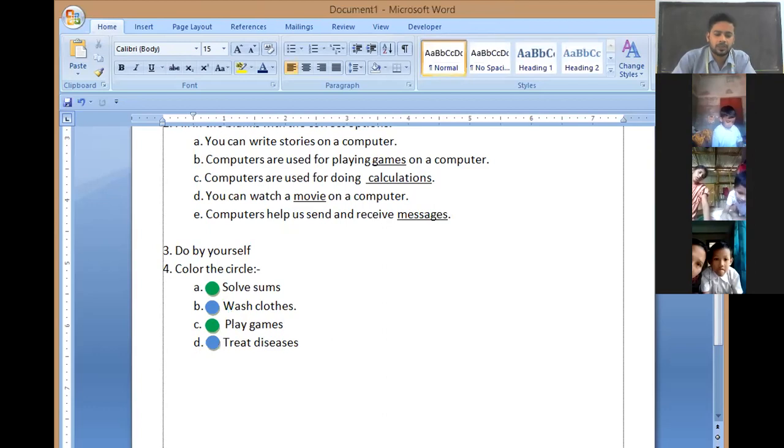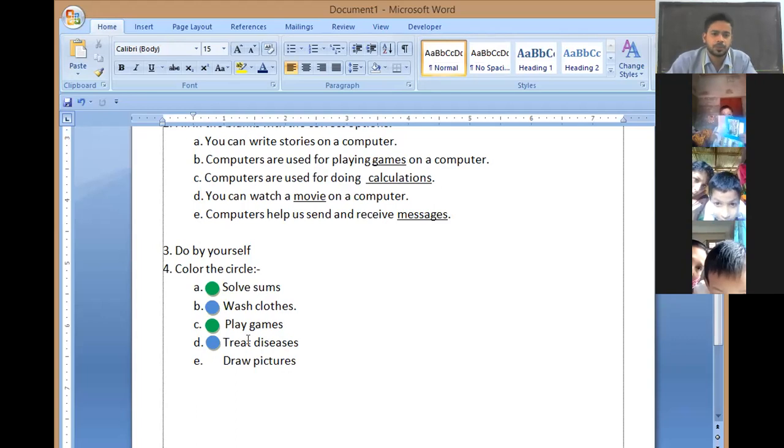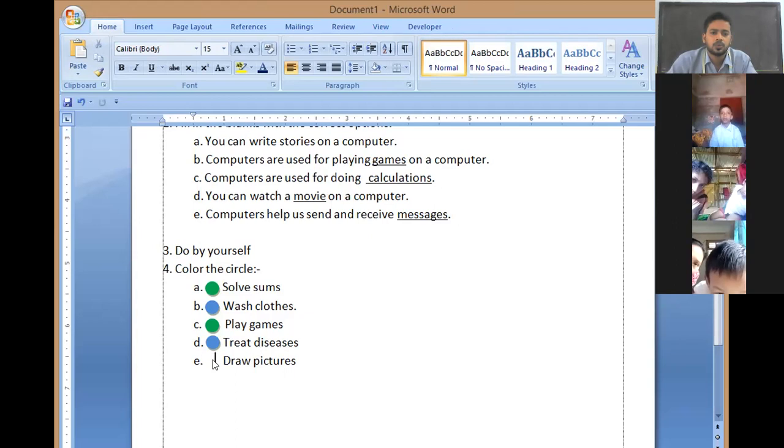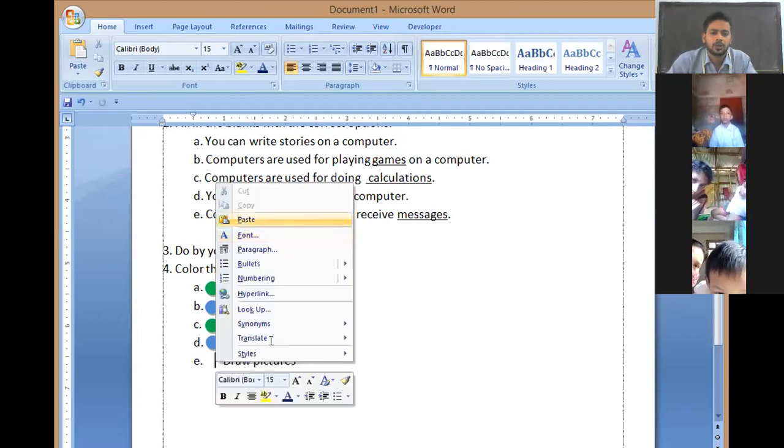Okay. After D, we have E. E, draw pictures. Yes, we can draw pictures with the help of a computer. So here we will put one green box.